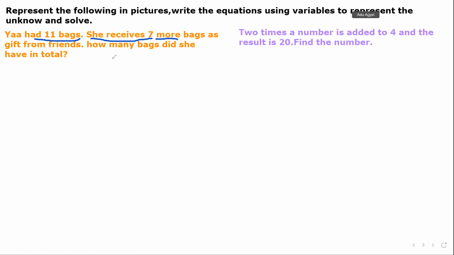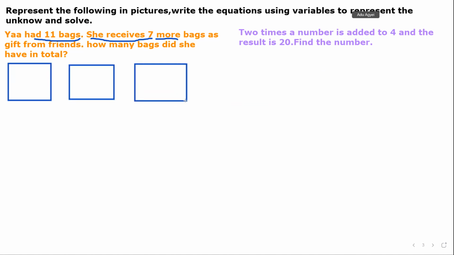So how many bags? We are going to use a box to demonstrate our answers here. So without wasting time, we should use pictures to develop the understanding before you write the equation. So let me have my 3 boxes here. Okay. Now this time I'll use triangles to represent the box.